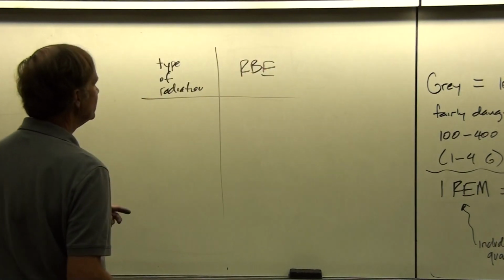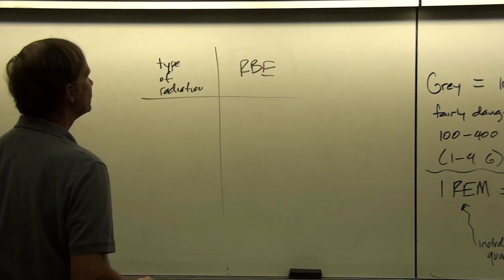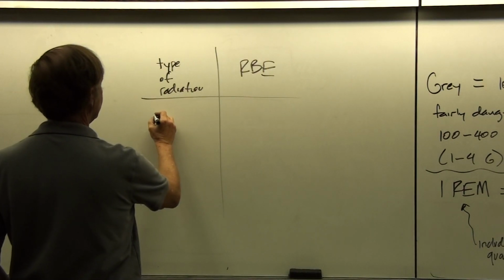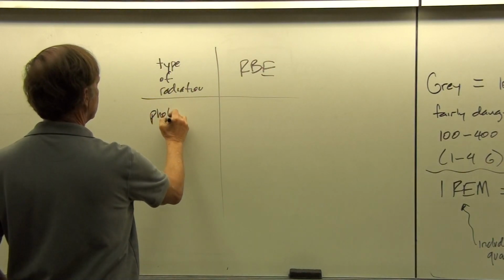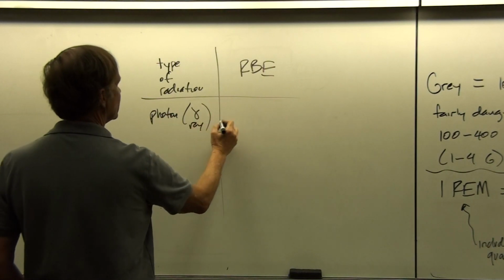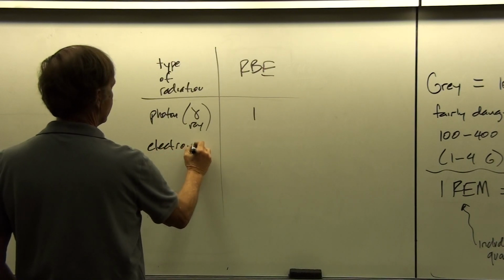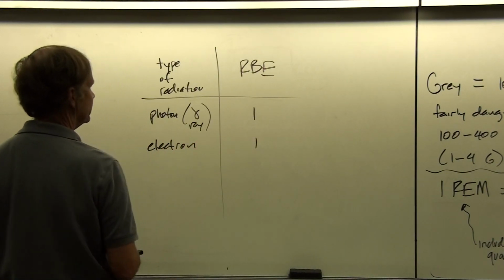We see that certain types of radiation are about the same in terms of RBE. So for example, a photon, gamma ray, has an RBE of 1. An electron has an RBE of 1, roughly speaking.